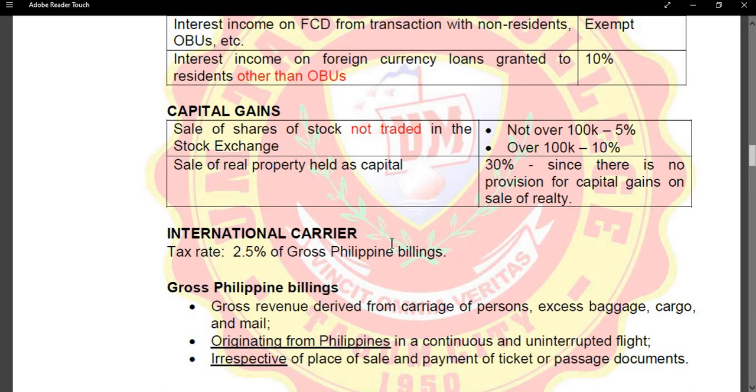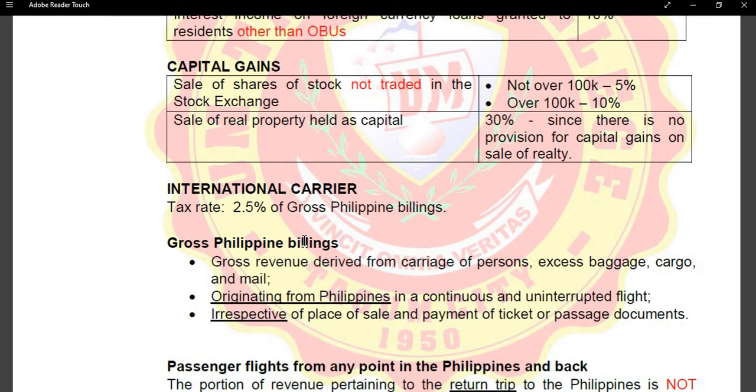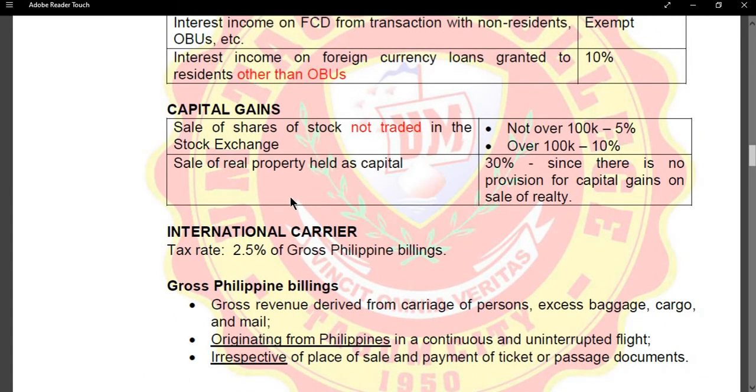So si international carrier, sila na yung mga special resident foreign corporation.